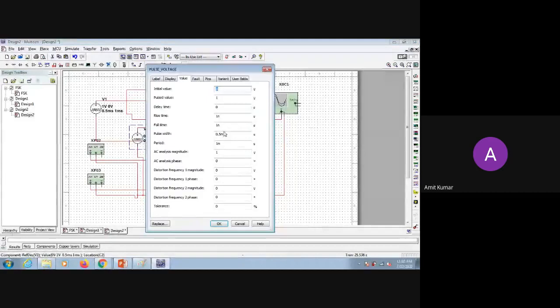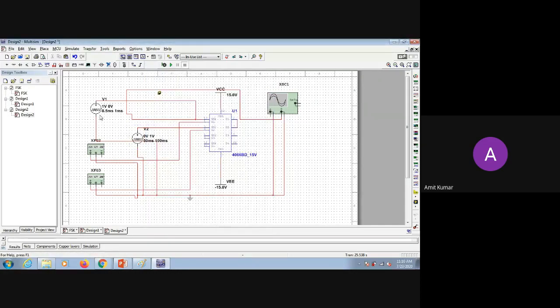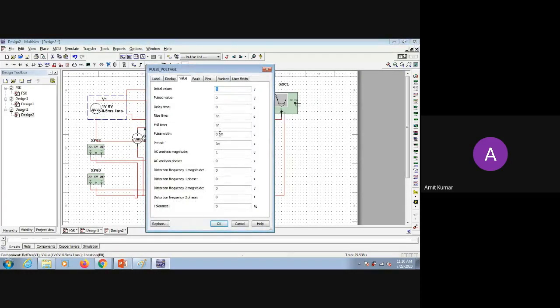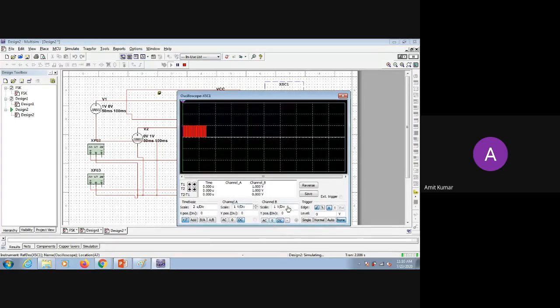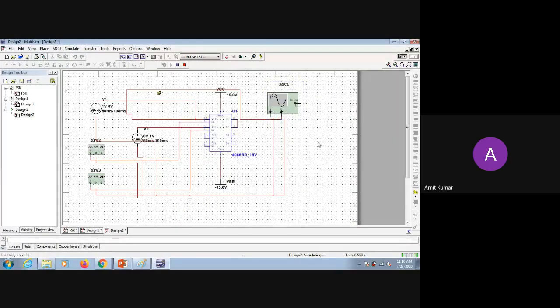And we will reduce the frequency. Now we will monitor the first output.